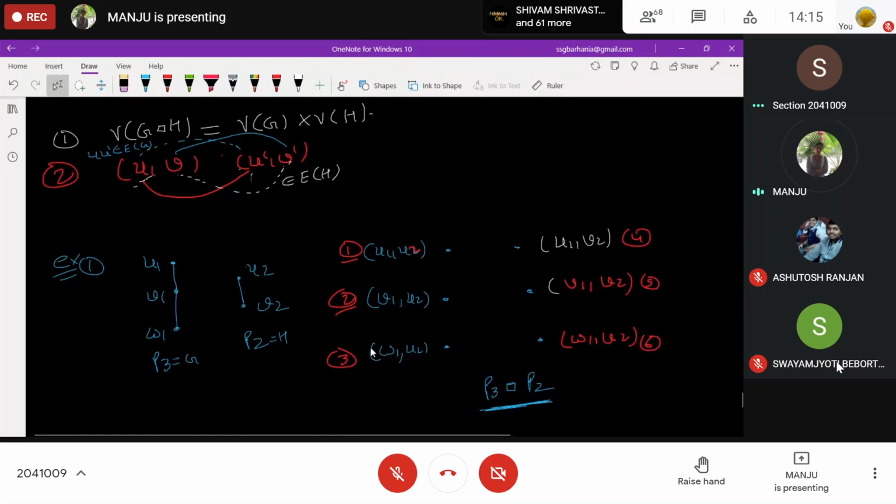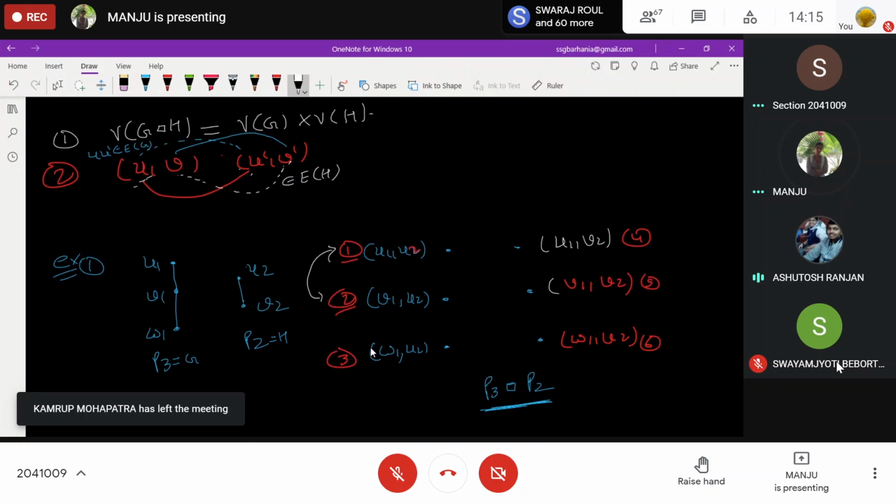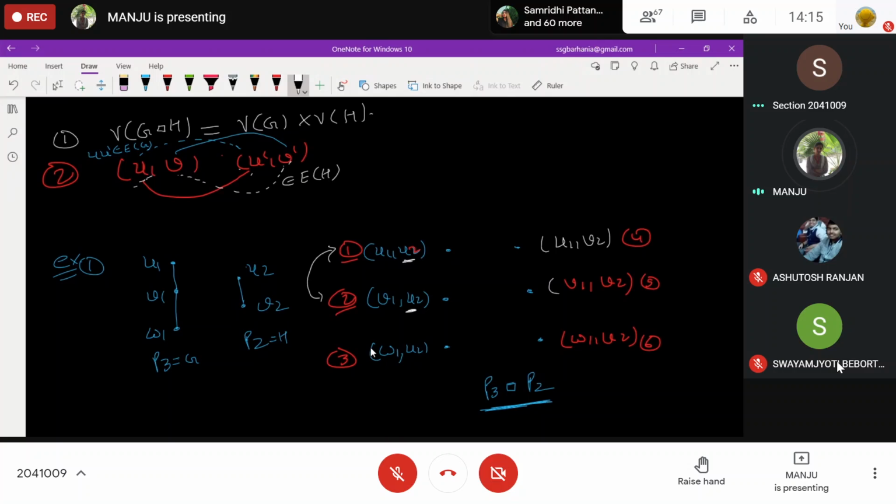Now tell me, are vertex 1 and 2 adjacent or not? See, is the second coordinate the same or not? Now we have to focus on the first coordinate. Corresponding to the first coordinate, do we have an edge in the graph G or not?